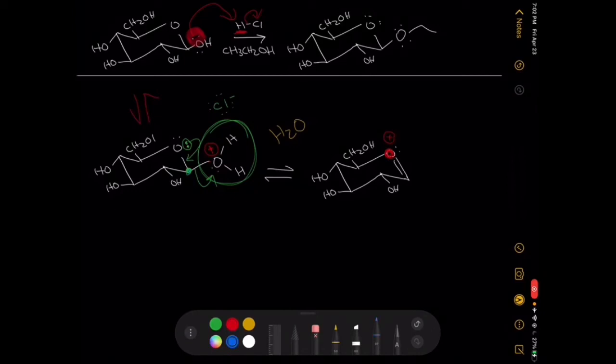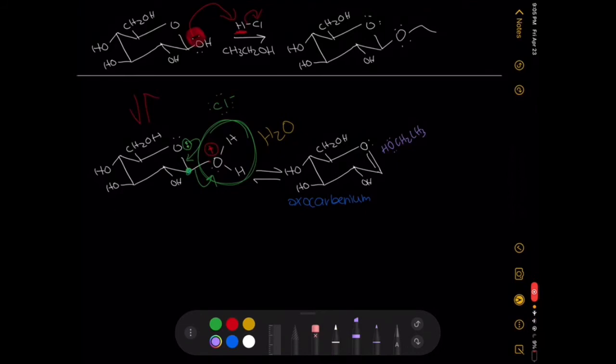This intermediate is called oxocarbenium. A double bond oxygen with a positive charge is called oxocarbenium. Okay, so now we're going to make use of this alcohol.